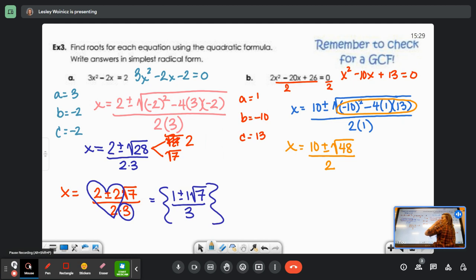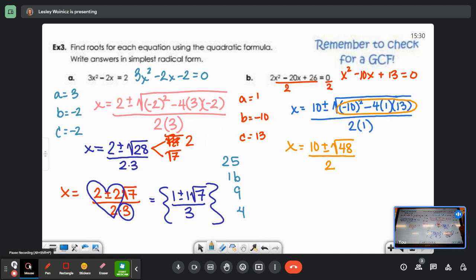All right, so perfect square factors: 25, 16, 9, 4. Do you see any of those that evenly divide 48? 4 and 16, so which one do we want? 16, the biggest.